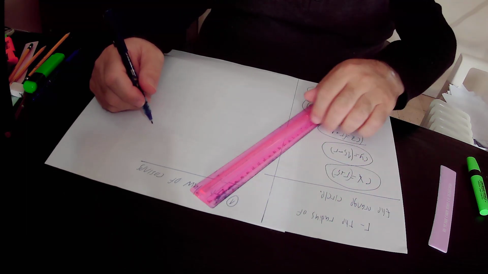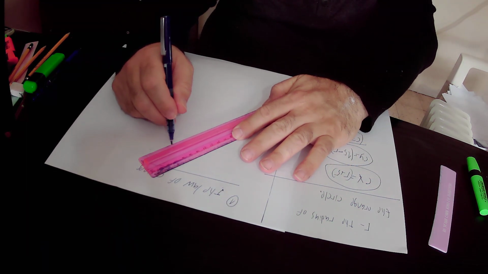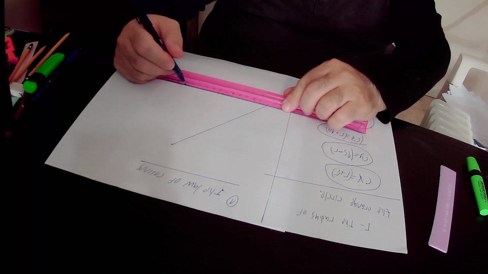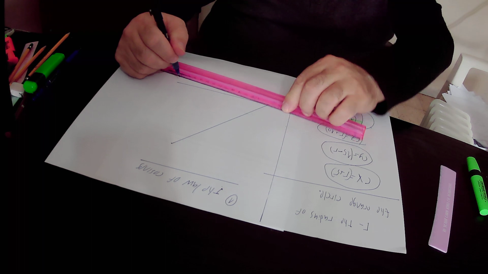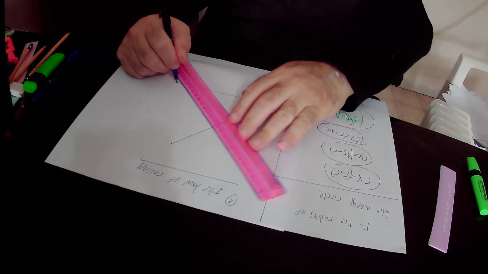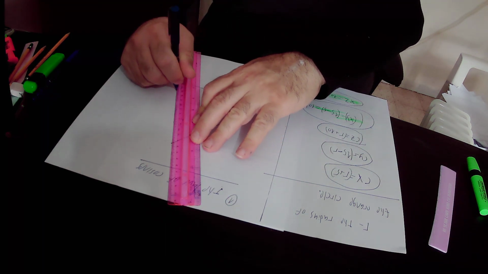So if we have triangle ABC, that could be any triangle. This is triangle ABC.